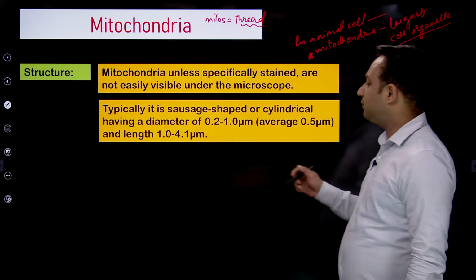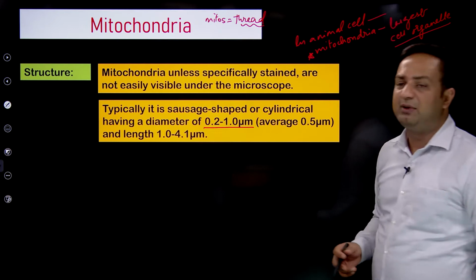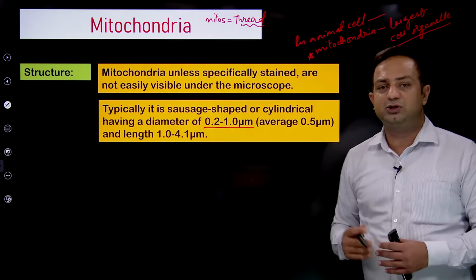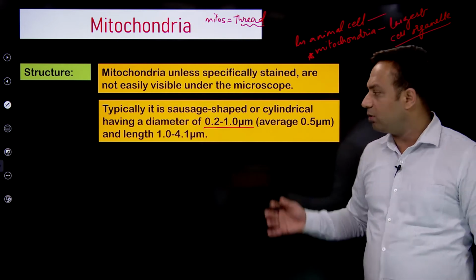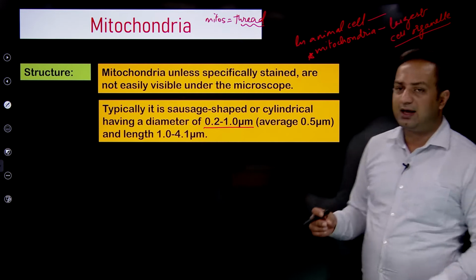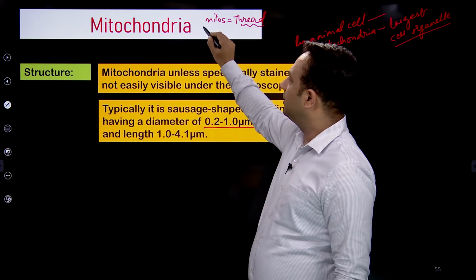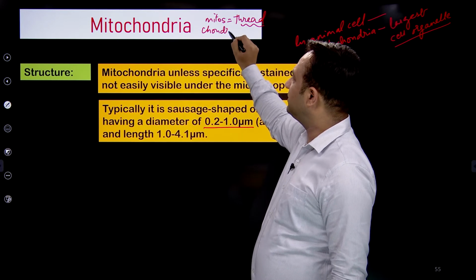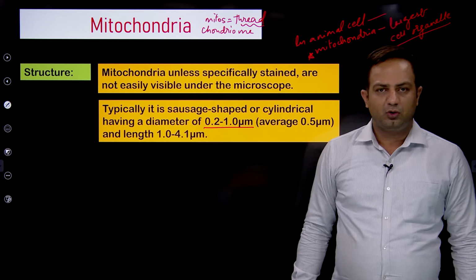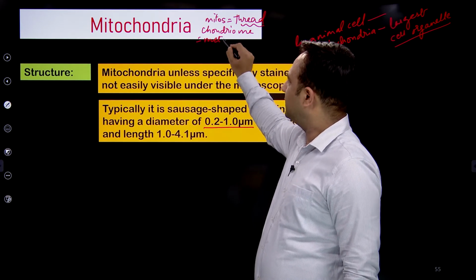For example, they are usually sausage shaped, where their average diameter is 0.5 microns and their length is almost double to 4 times, or 1.0 to 4.1 micrometers. That's why they appear as a thread-like structure, right? Mitos means thread, and chondrion means something which is metabolically active.